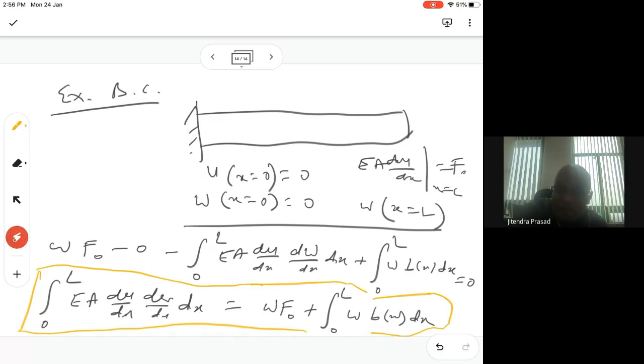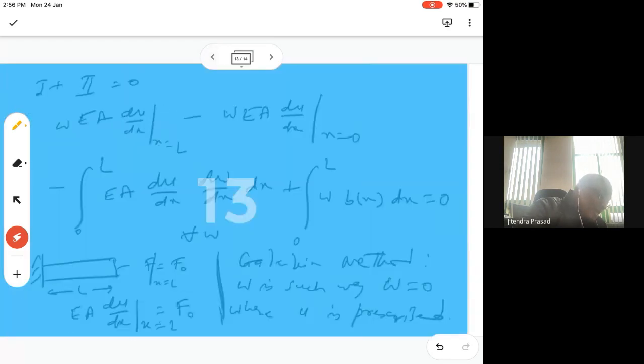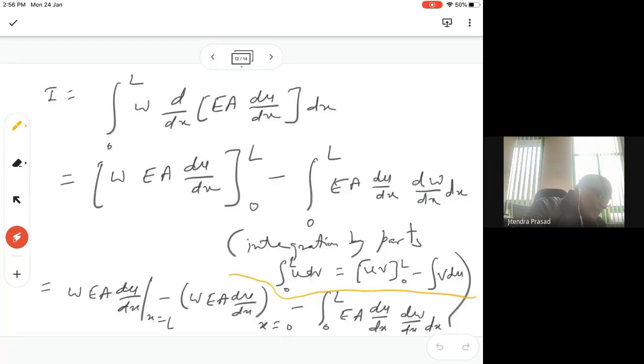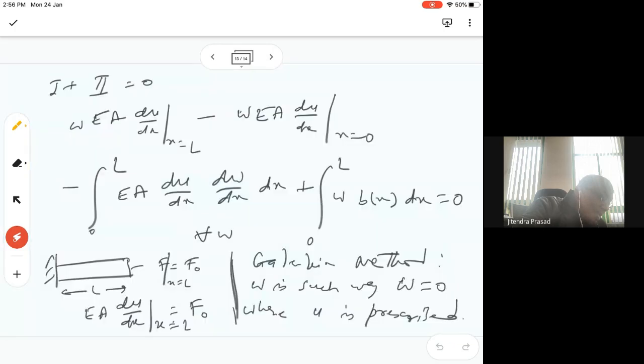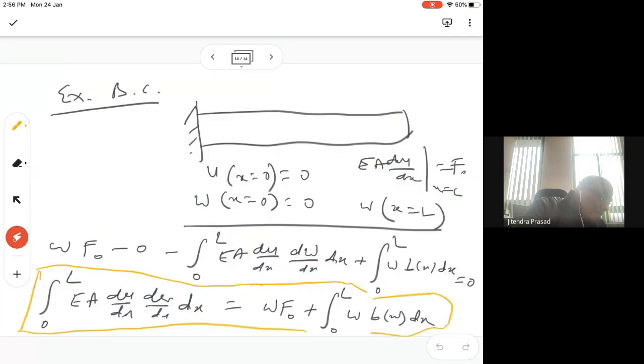See, this is the approximate solution. In the original differential equation, you needed to be double differentiable, because one derivative you get here and the other you get here. But finally, we have found a formulation where the double differentiability requirement is gone. We have just a single differentiation here.